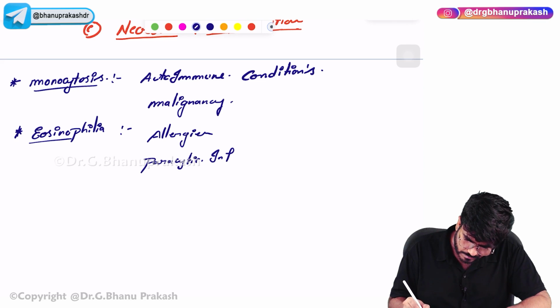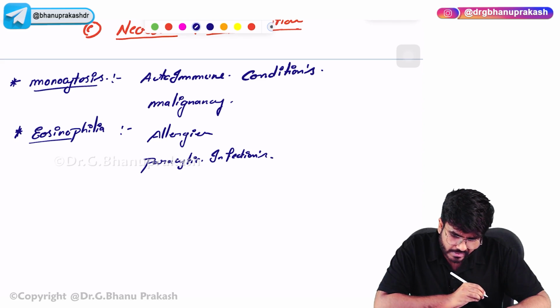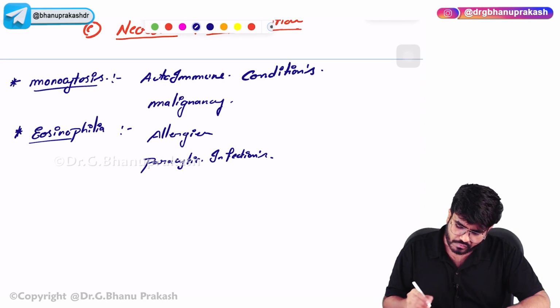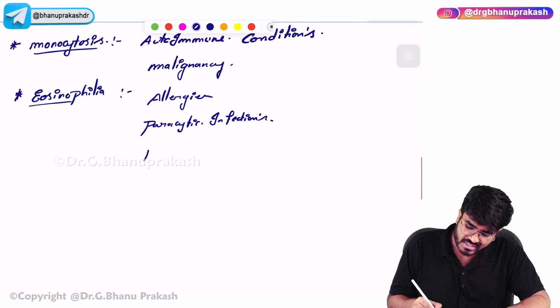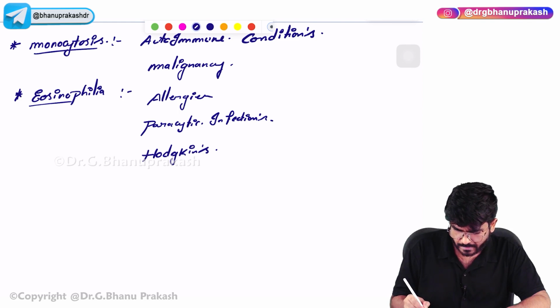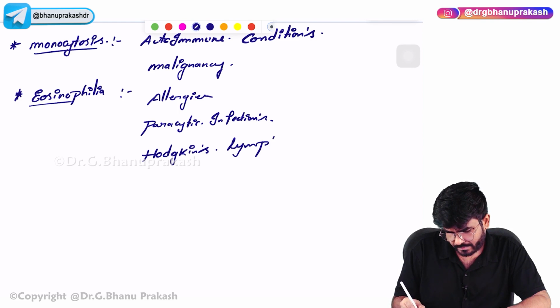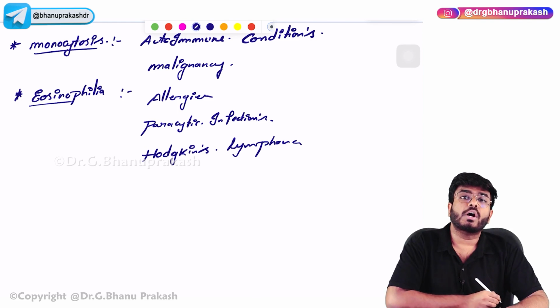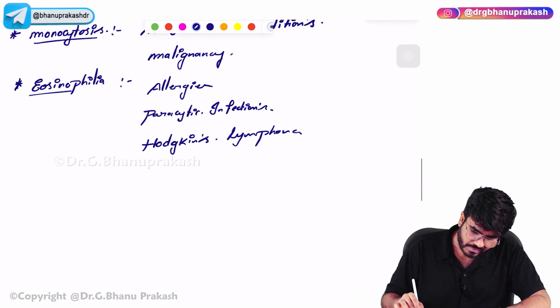Eosinophilia is going to be seen in allergic reactions as well as parasitic infections. It is also seen in Hodgkin's lymphoma. Yes, there can be eosinophilia.